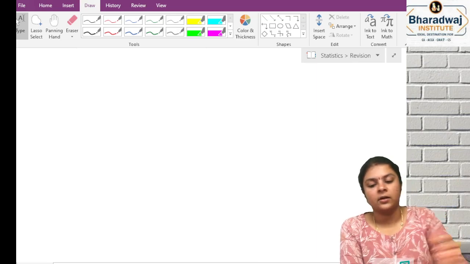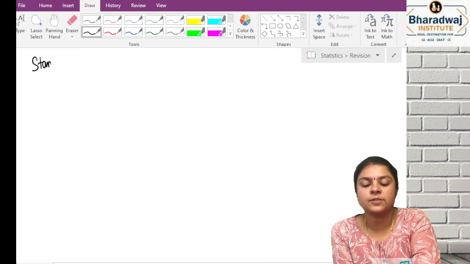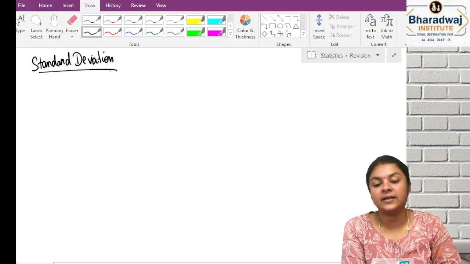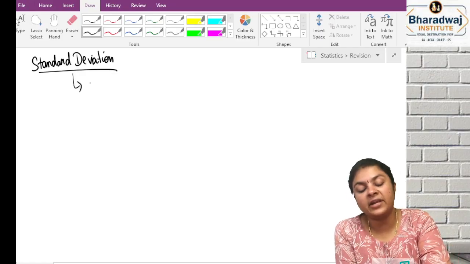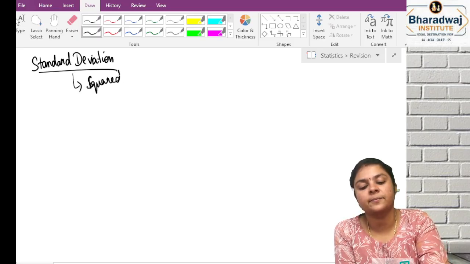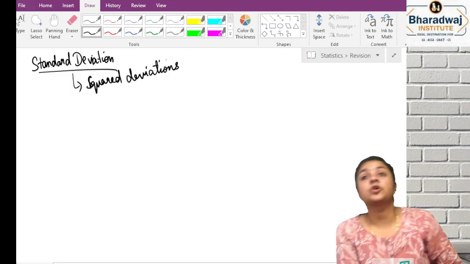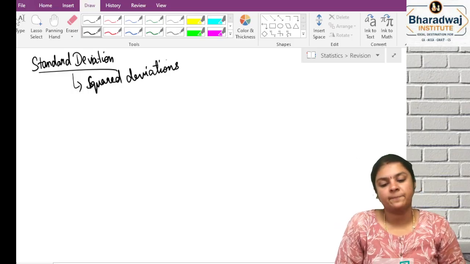Okay. Now we come to the last measure, a very important measure, standard deviation. What is the meaning of standard deviation? It is the average of squared deviations. It is taken based on squared deviations.